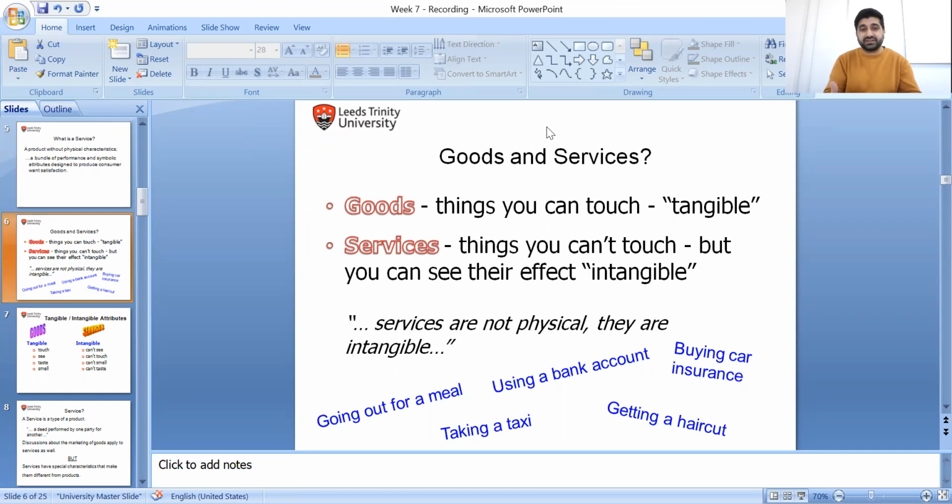These are intangible. All those services, all those activities, we can't touch them. Services are not physical; they are intangible. For example, using a bank account, taking a taxi, getting a haircut, buying car insurance, and going out for a meal. These are all kinds of services.